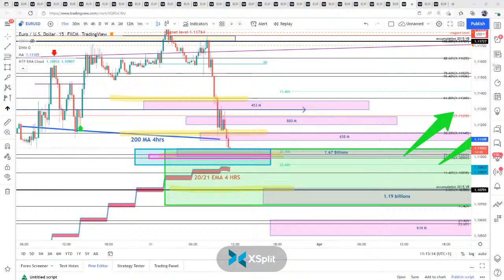Okay, so for now, I'm just starting a little bit of looking to five pips.